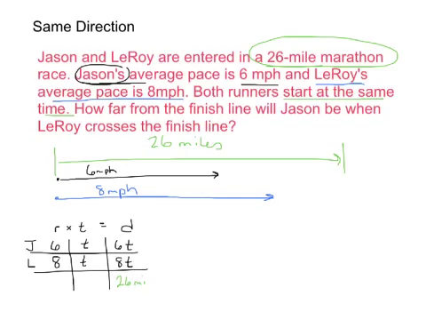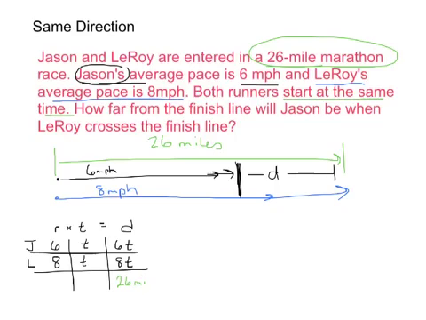At this point, it's important to think about what's going to end up happening: Leroy is going to finish, and Jason will be somewhere here. Your job is to find what this distance here is. So, to keep this in mind, what's important to figure out is the time that they're going to be traveling.